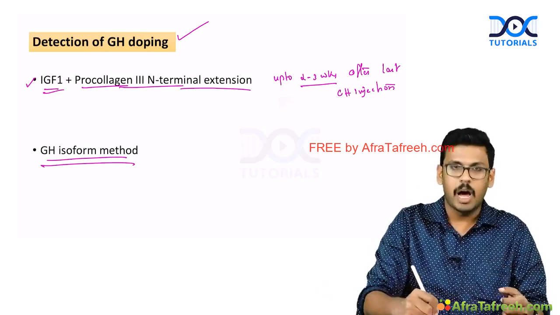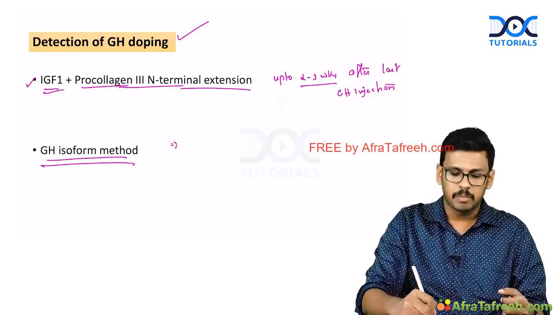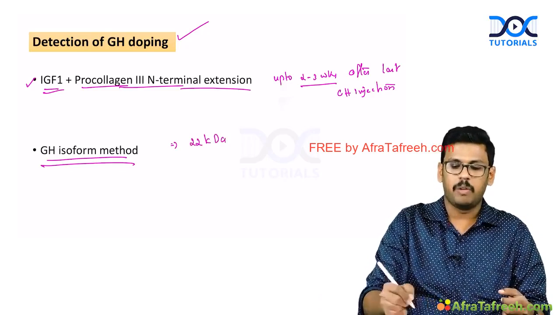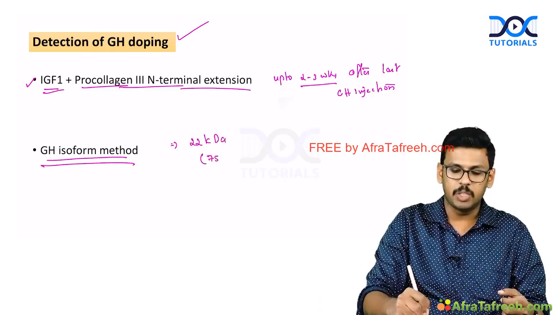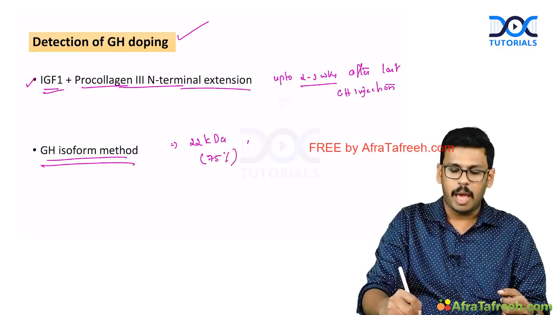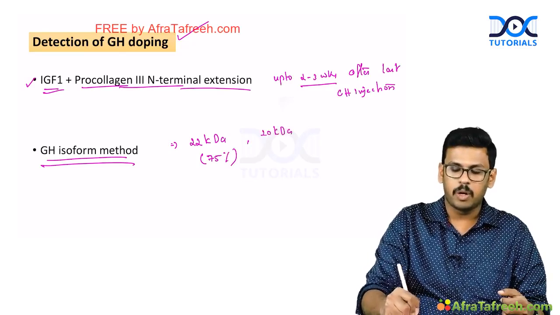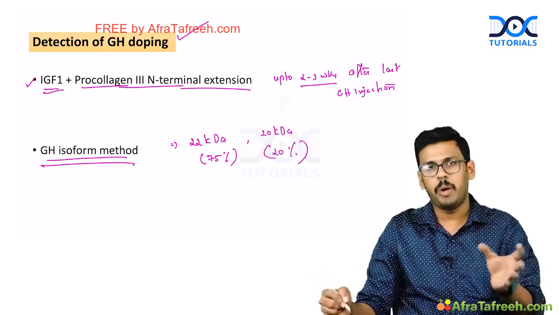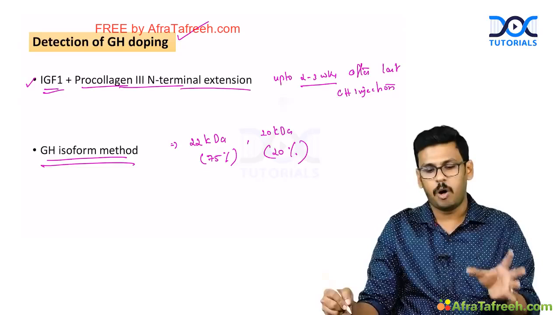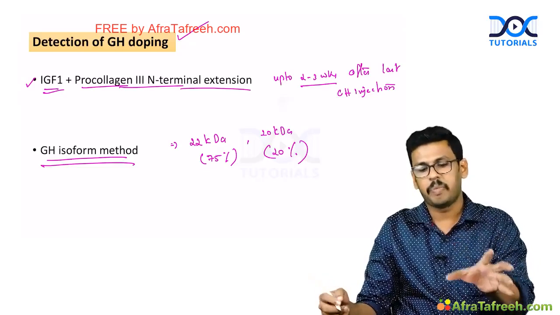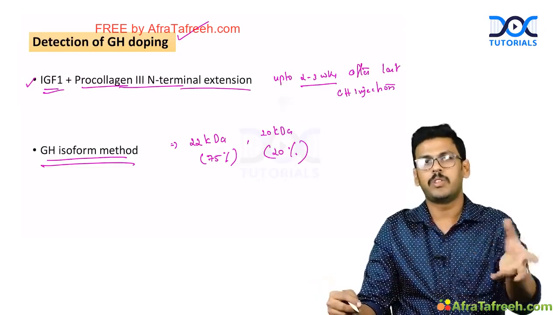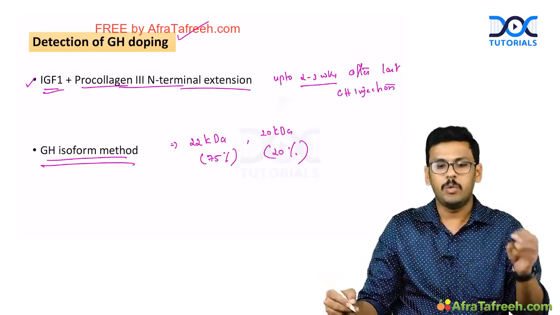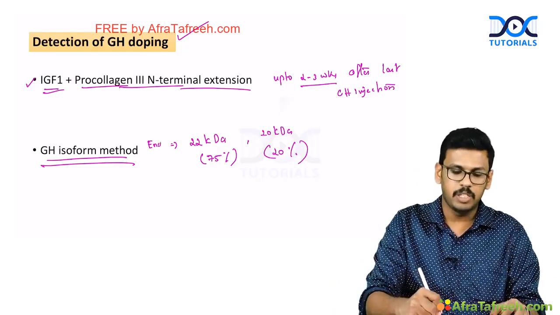You know that in our body, 70% of the growth hormone is in the 22 kilodalton form and the 20 kilodalton form constitutes around the remaining 20%. 22 and 20 are the major circulating forms, of which 22 is 3/4 and 20 kilodalton contributes around 1/5. But this is endogenous GH.